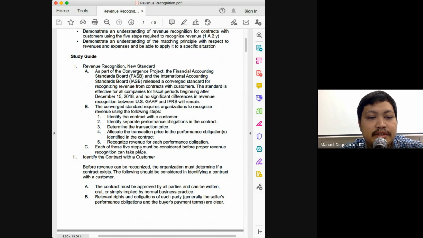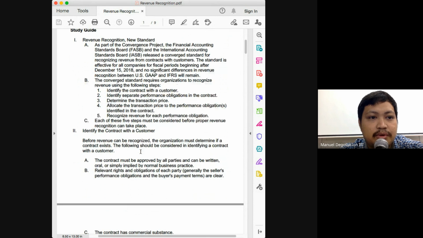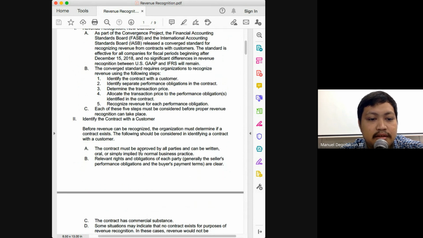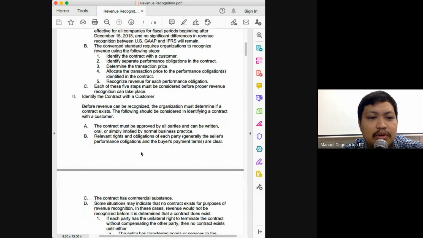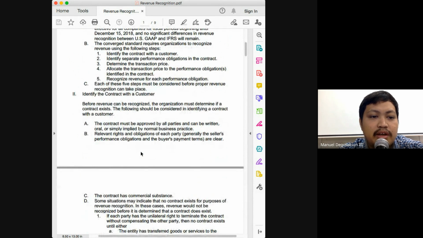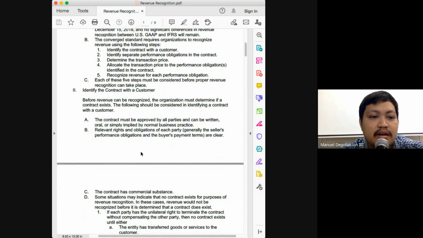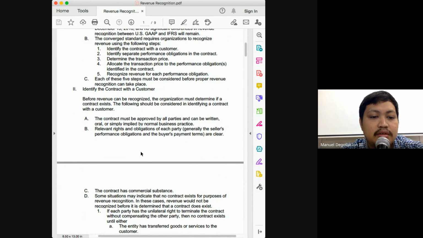So if we go to the first step, class, identify the contract with the customer. We're still on your study guide. Quickly go over the A, B, C, and D there, class, because this could be a good source for a multiple choice question. For example, for letter A, what would be an important takeaway there? Again, we are in identifying the contract with the customer. That the contract need not be written.